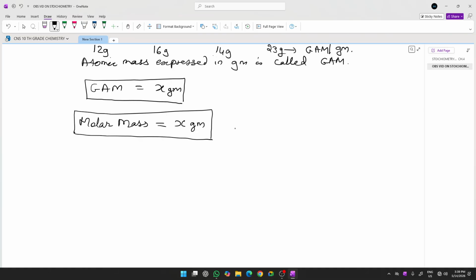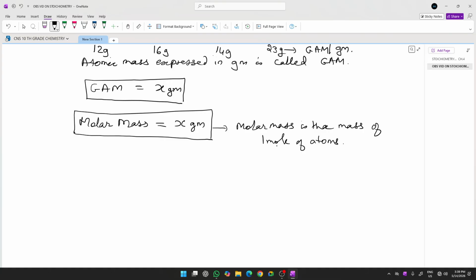If you want a definition, molar mass is the mass of 1 mole of atoms. So this molar mass is nothing but the mass of 1 mole of atoms, right?